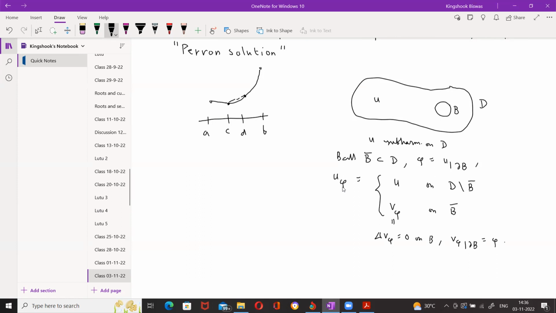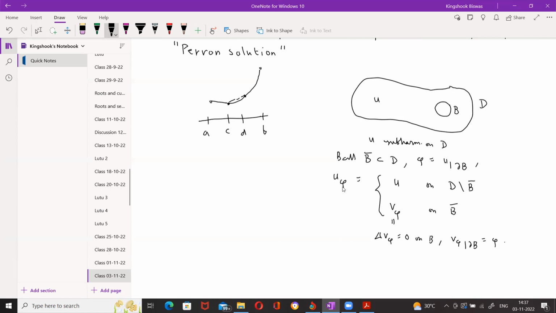Then this function U sub phi is going to be continuous, right? Because on the boundary of the ball, it equals U. I haven't changed it on the boundary of this ball, I've only changed it inside. That's what I'm doing in this one-dimensional picture. I change it inside by replacing it by the harmonic function with the same boundary values. So this is still going to be continuous, but it's going to be larger.